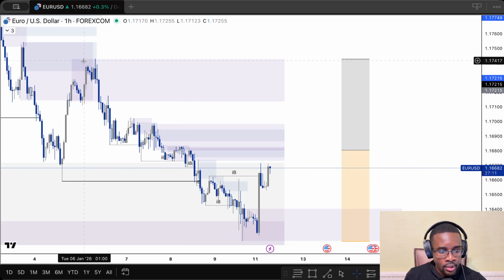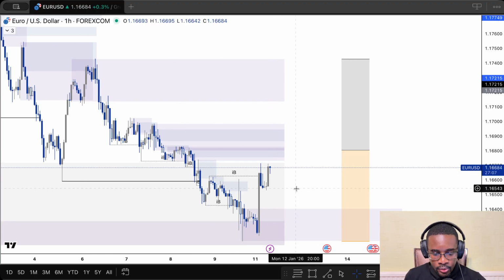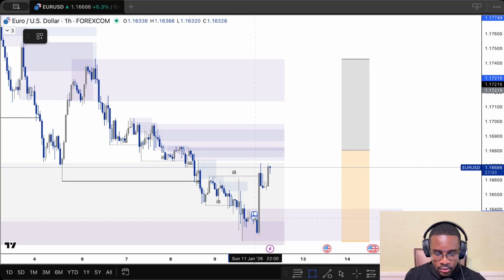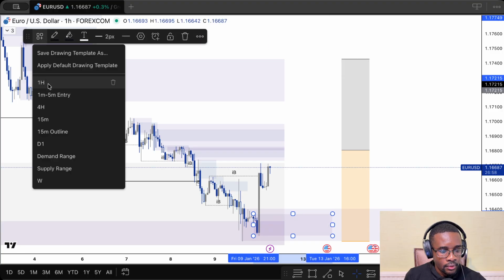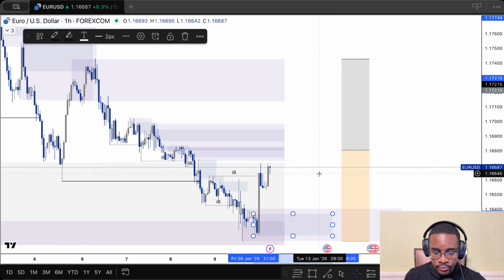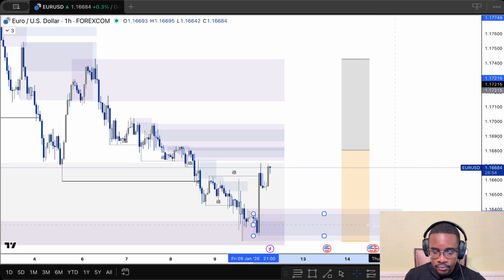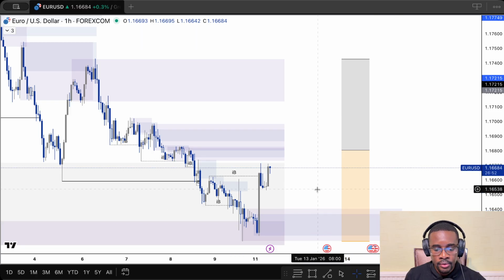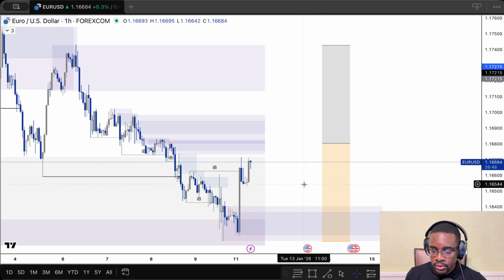So now we have swing is bearish, and our internal on the 1 hour is bullish. So we could start to look for longs from that POI. So this is what we have.